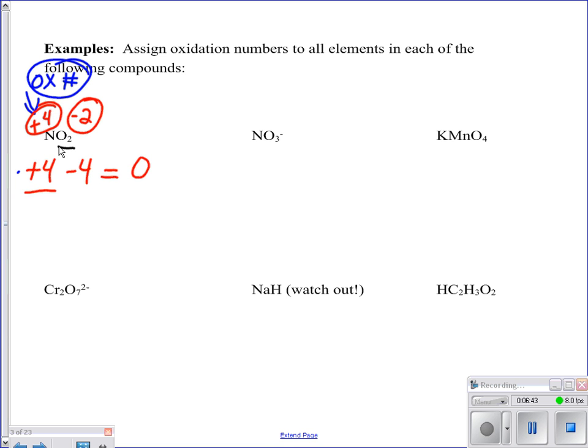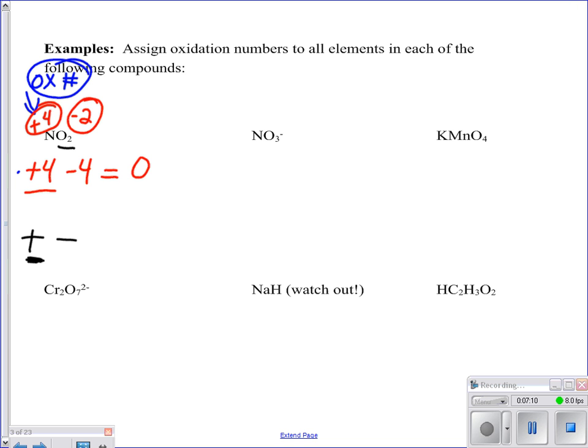It's acting like an anion, so it would have to be combined with a cation, a positive charge of a metal. This would have to be a metal from the periodic table, and nitrogen is not a metal. Yes, it's got a positive oxidation number in this case, but it is not a metal. So because of that, it cannot be peroxide. Good question. Okay, next one.